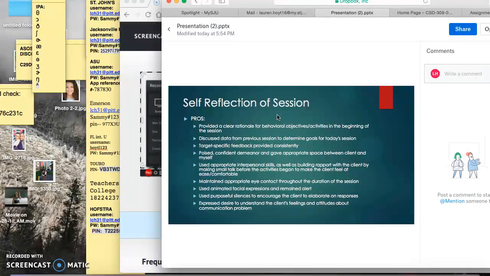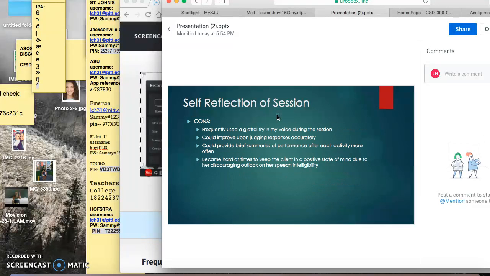This client specifically gets emotional when talking about her communication partners and how they discourage her and don't give her the support she needs in order to practice her target behaviors outside of clinic. So it becomes hard for me to motivate her and get her back into a positive mindset to get her back into the activity at hand.